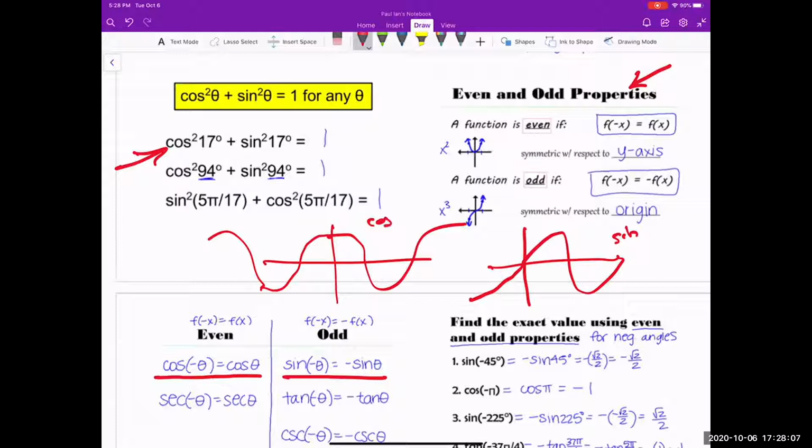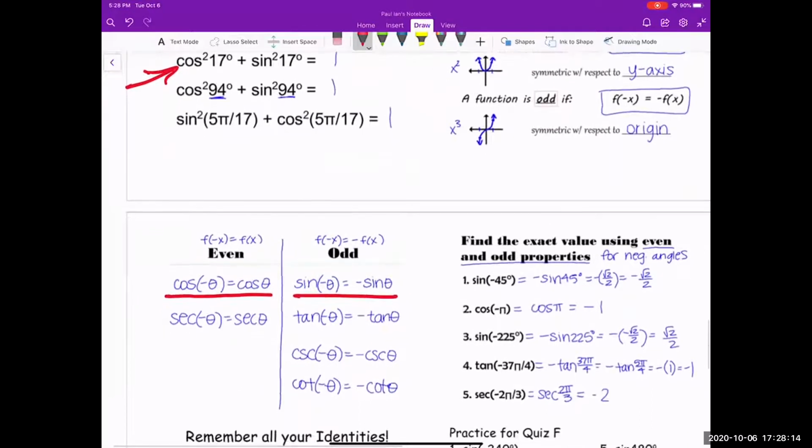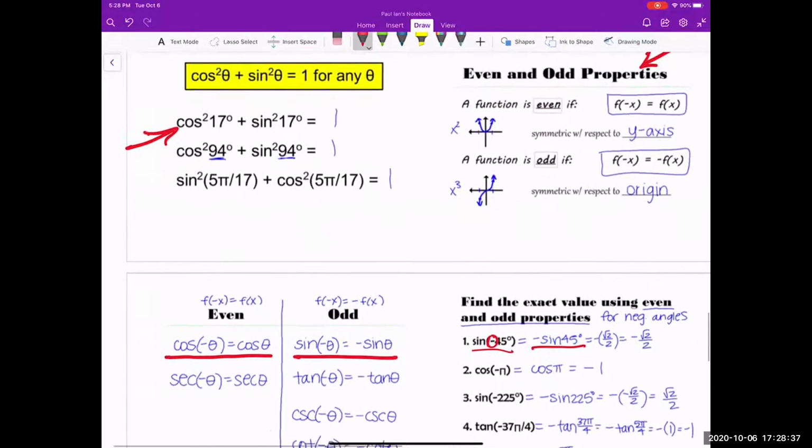So, anyways, how you would apply that and the actual evaluation of it, how they usually present these problems, is you have to find and apply the unit circle, but then the sign changes. You still apply the unit circle to evaluate the trig function, but if there's a negative value in here, the first thing I would do is apply this even-odd identity or property.